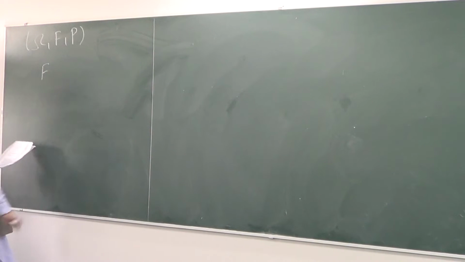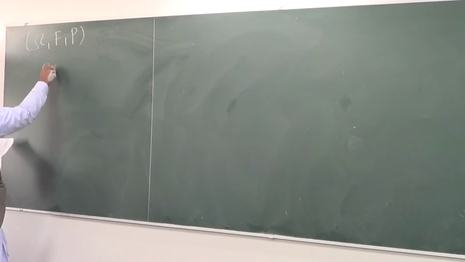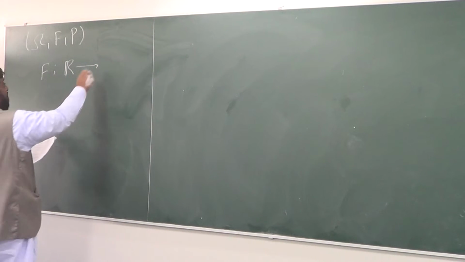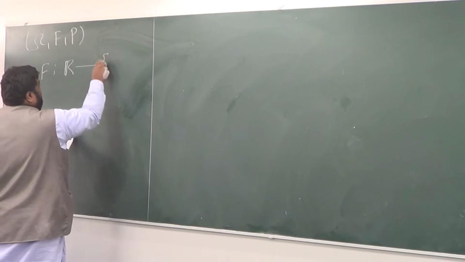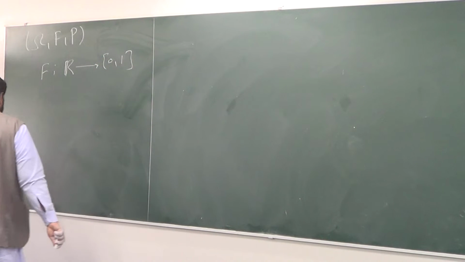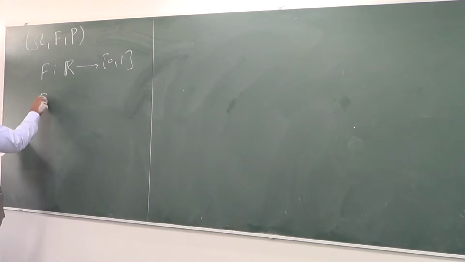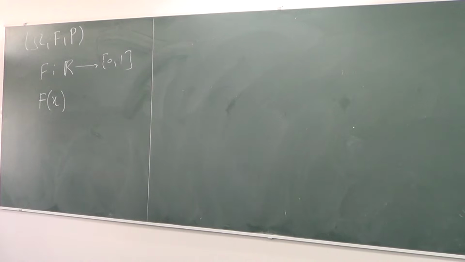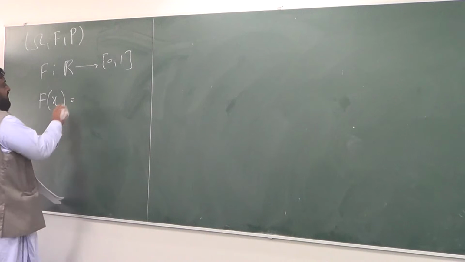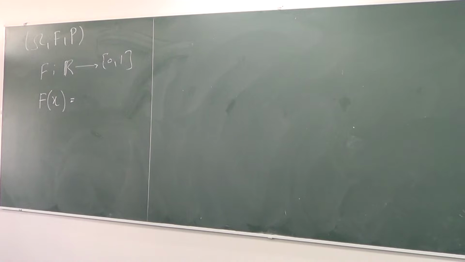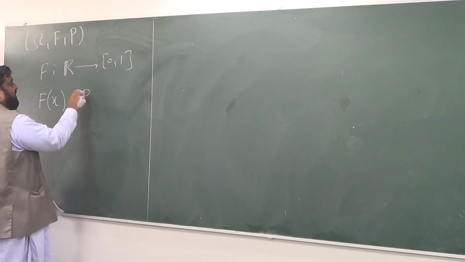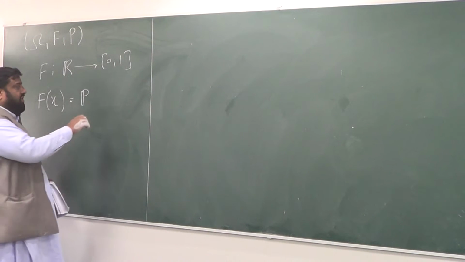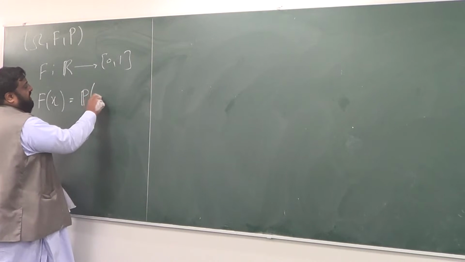What would be the definition of a distribution function? A distribution function is a map from R into [0, 1] such that, if I want to compute the value of the distribution function at x, I need to compute the probability of a Borel set, and that Borel set would be minus infinity to x.